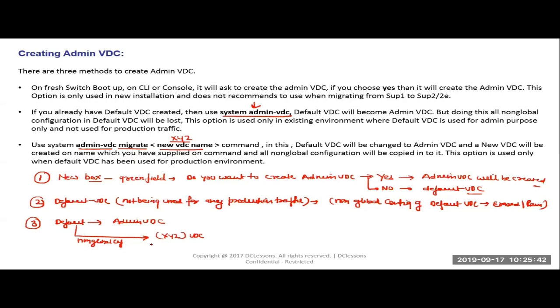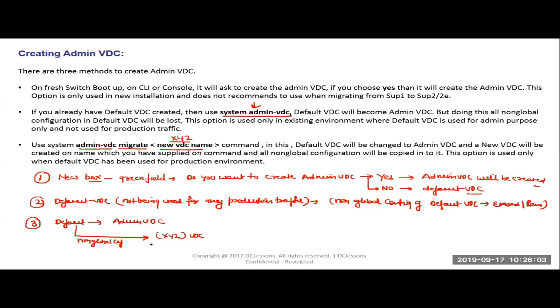Right? So while performing the third step, you can save your non-global configuration. And this step can only be used when the default VDC has been used for a production environment.